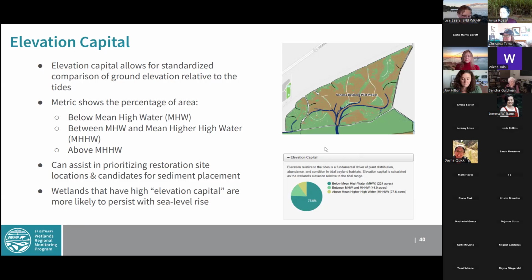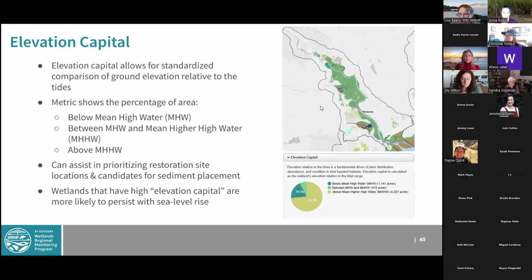So going back to our case study of the Sonoma Baylands project, we see that the majority of the site is below mean higher high water, and that's to be expected because this is a restoration site that was initially lower in elevation. As we scale up to the OLU level, you see the majority of the wetlands, and this is largely driven by the ancient Petaluma Marsh, that these elevations are at or above mean higher high water.